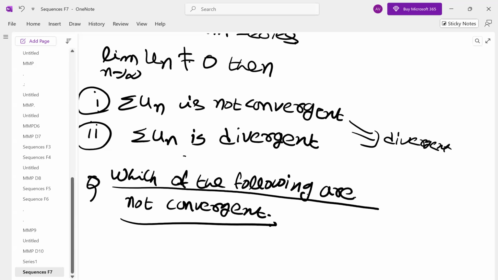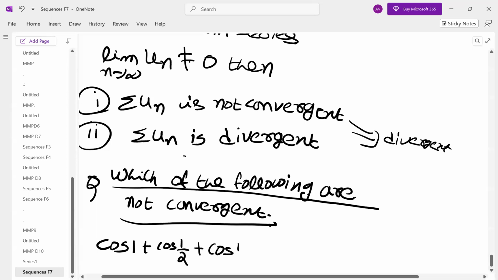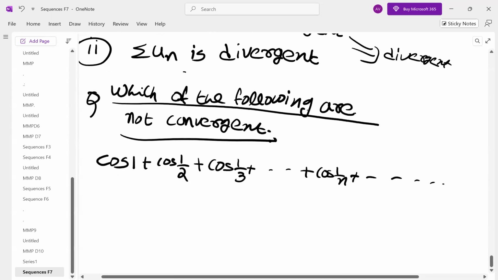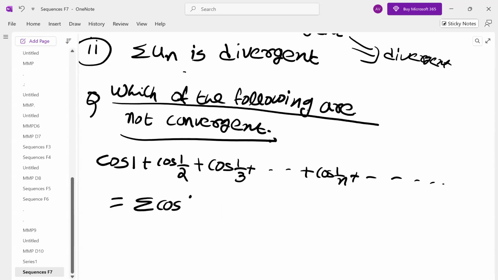For example, very interesting question: cos 1, cos 1 by 2, cos 1 by 3, up to cos 1 by n. You apply any method, it is not possible to solve this using other techniques. Only using this you can. So how to check? This is nothing but summation un, where un is cos 1 by n.